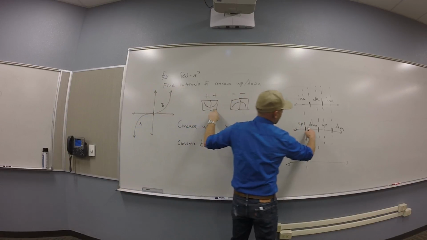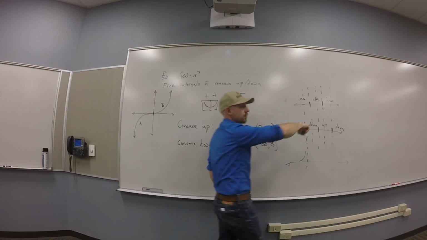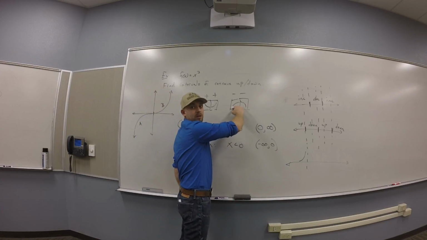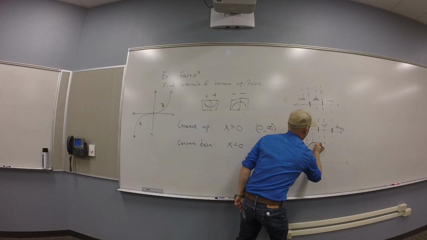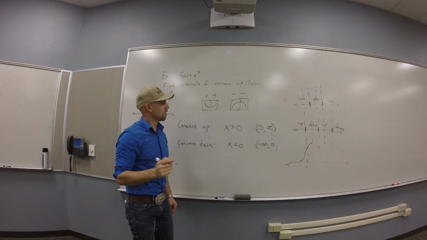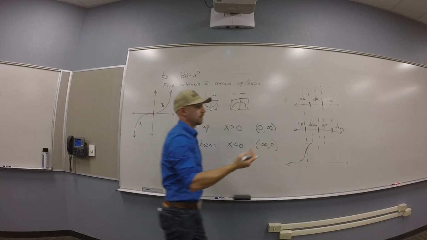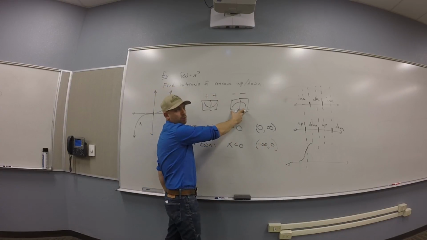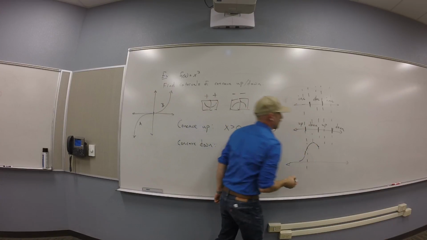And then it's going to be concave down and increasing. So concave down is these two, and that's this one. So I just connect that on there. Okay, see that? Then in here it's concave down and decreasing, right? So concave down is this side. Which one's decreasing? Right side. So I put one of those guys on here.